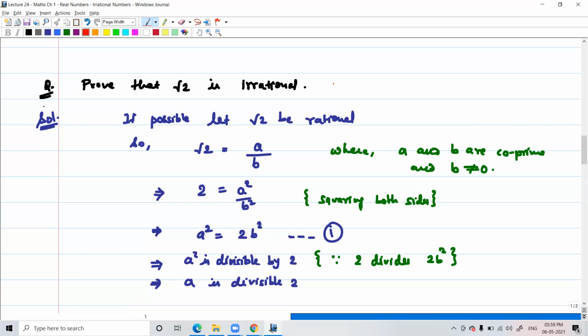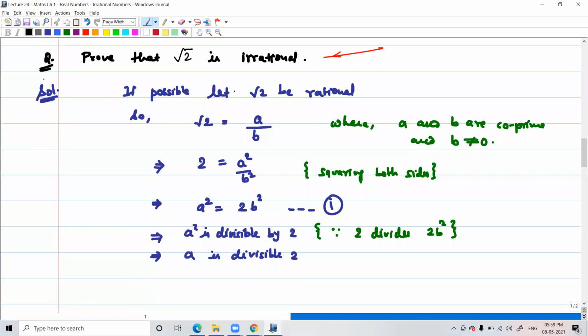Okay. So what I was saying is, if you want to prove that some number like root 2 is irrational, everybody knows that root 2 is irrational. How do you prove it? To prove such a thing, we assume the opposite. Even though we know that root 2 is irrational, we make a false assumption: say that root 2 is rational.